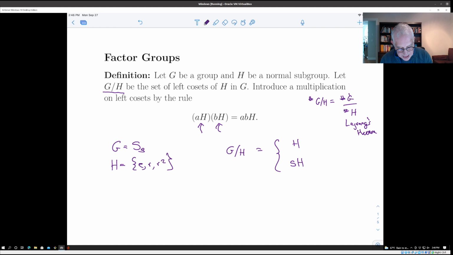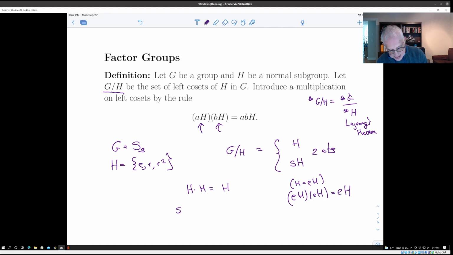And so the multiplication, this is just two elements. And the multiplication here would be that H times H is H. I mean, we can think of H, for example, as EH. And so EH times EH is EH. And then we would have SH times SH is S squared H, which is just EH again.